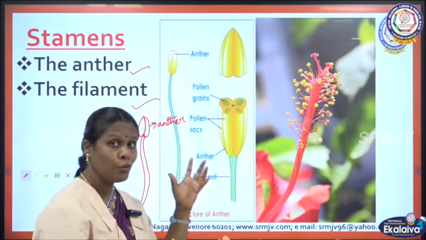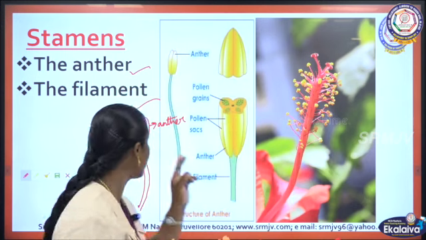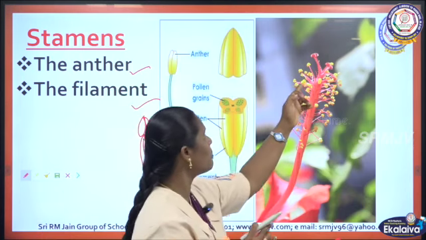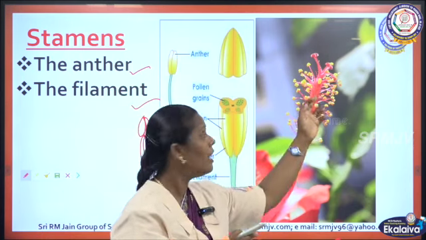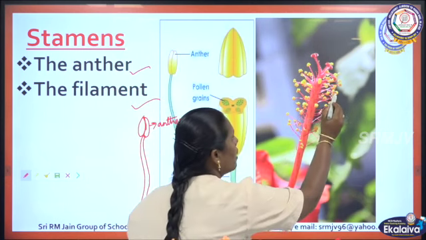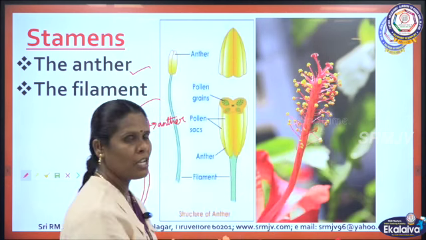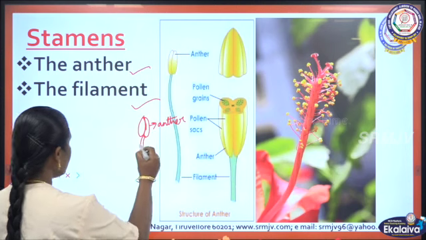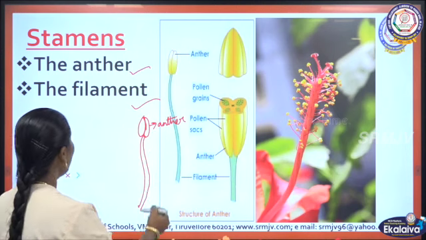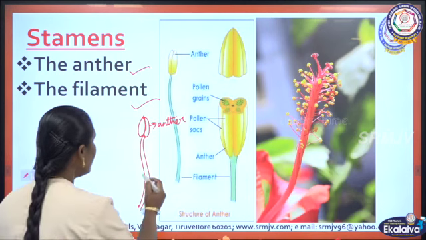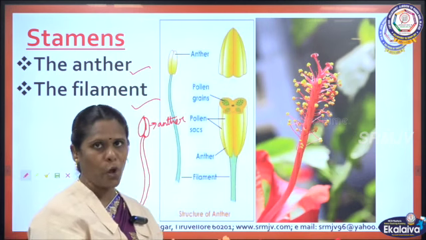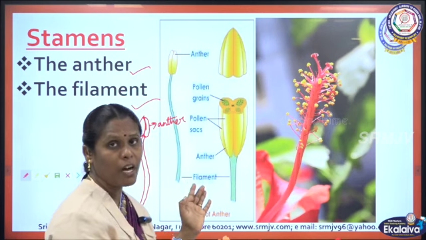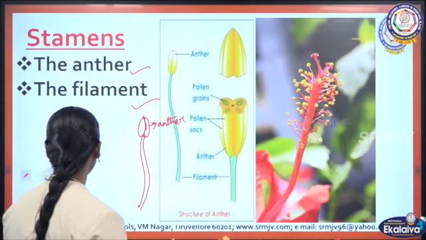The anther has a two-lobed structure, right? So this is the anther. Each lobe contains many pollen grains. Pollen grains are the yellow colored substance present. So the anther contains pollen grains. Then this is the filament. It is the base of the stamen. It bears the anther at the top. So this is the male reproductive part of the flower.